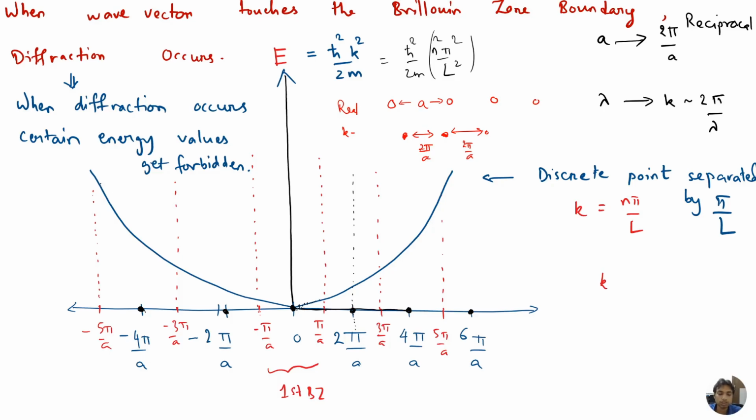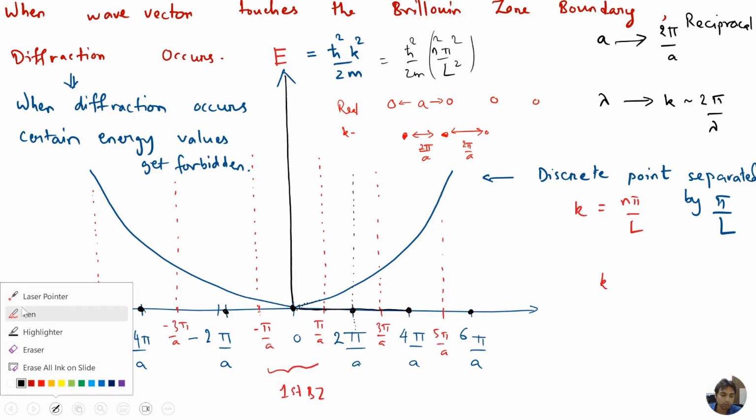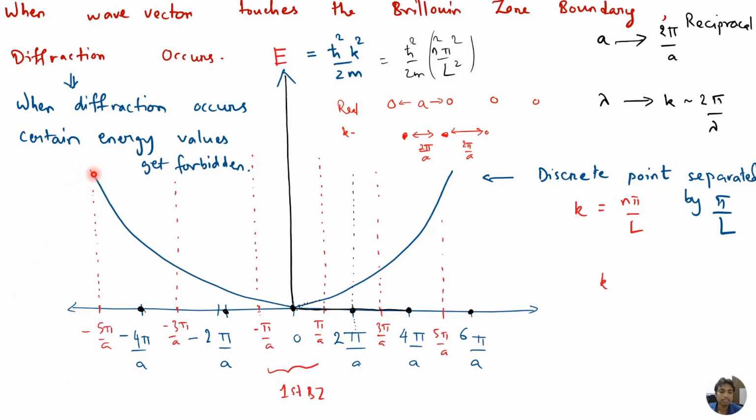So this parabola that I have drawn looks continuous, but it is actually discrete. But it is so closely spaced that it looks continuous. Okay, this point is clear, no? Now see, this k corresponds to the wave vector of the nearly free electrons.